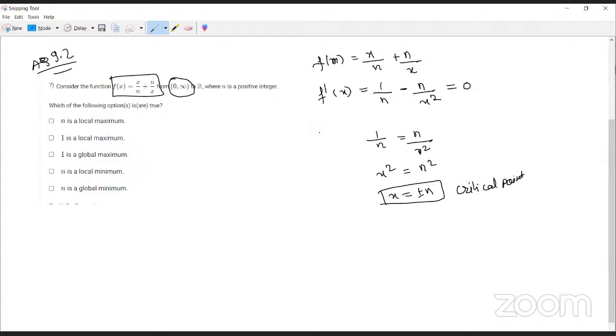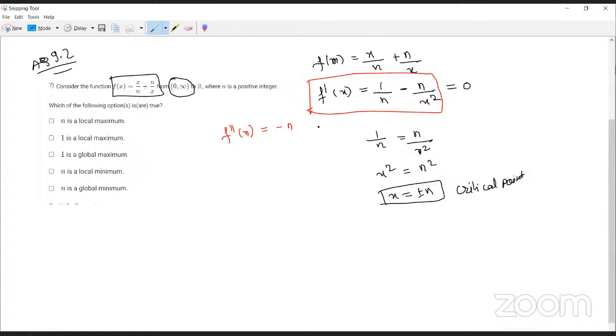Okay. Now, in order to find out whether my function has a local maximum or minimum, I have to take the second derivative of this particular function, right? So this is my f dash of x. I have to differentiate this function again. So that is f double dash of x. What will be the value? This is a constant, 1 by n, so it will be 0.